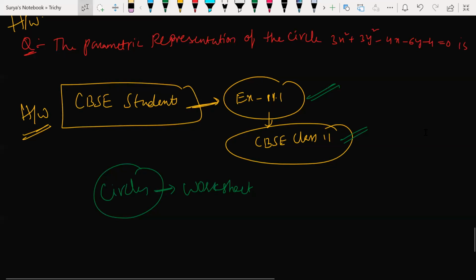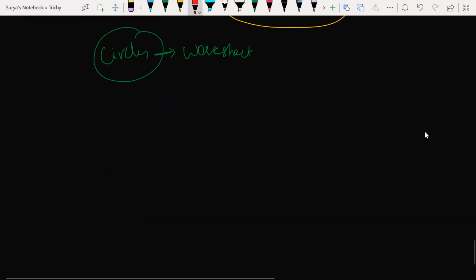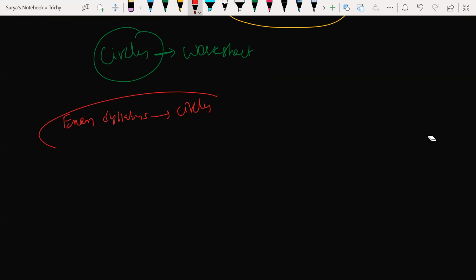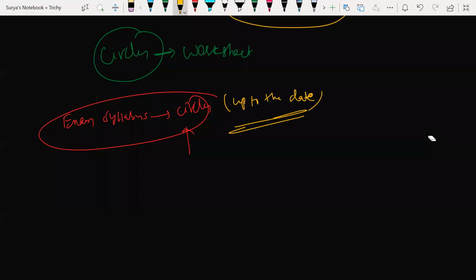And one more important point, tomorrow's exam would be on circles. Let me write the exam syllabus. Look, beta, the exam syllabus will be circles. Circles, whatever I have taught today, till now, whatever we have discussed, up to the date. Whatever I have taught till that, you have to just work upon and write tomorrow's exam.